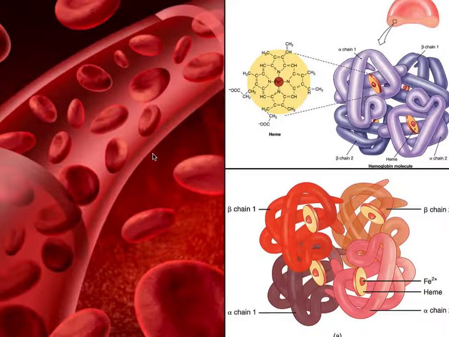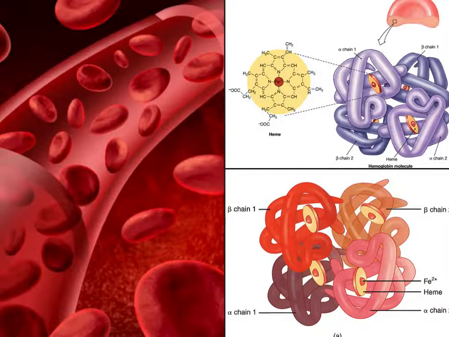So here's a diagram of a hemoglobin. As you can see here, there is alpha chain 1, alpha chain 2, then there's beta chain 1, beta chain 2, and these 4 little circles are the heme groups, and attached to them are the iron molecules. As you can see, iron 2+.